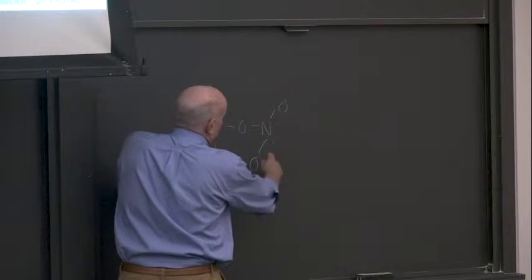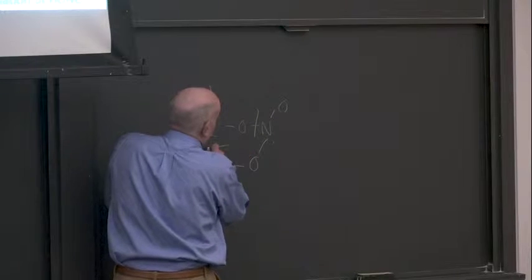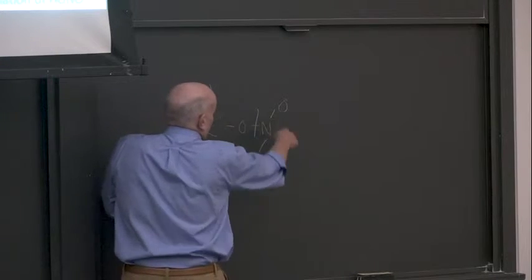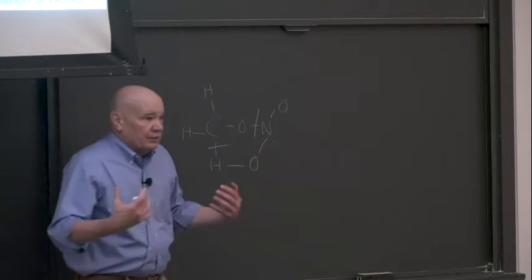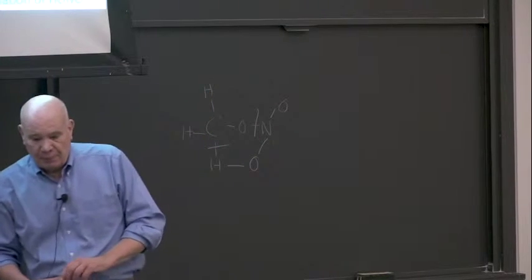And what happens then is this bond becomes weak, this bond becomes weak, and I end up with formaldehyde and HONO. So I form a ring structure that then eliminates HONO in the system.